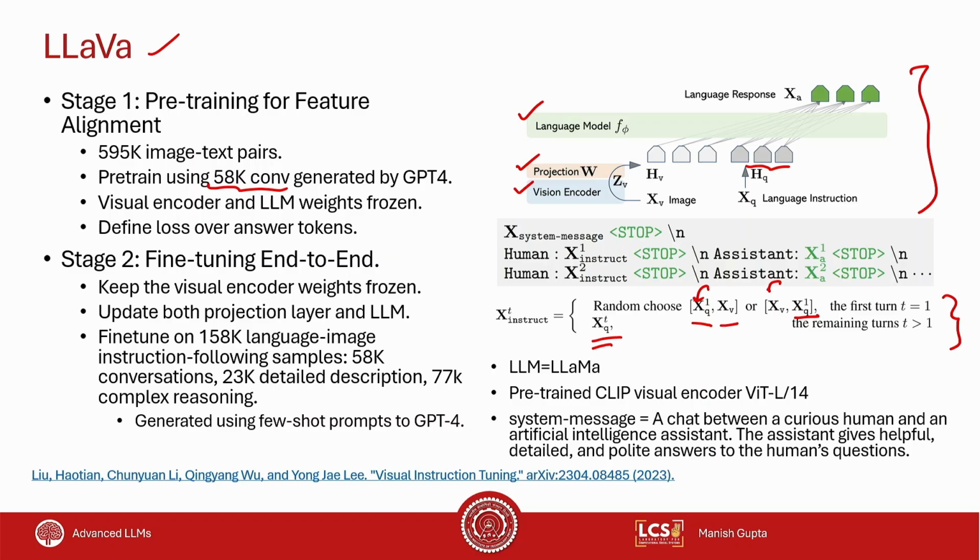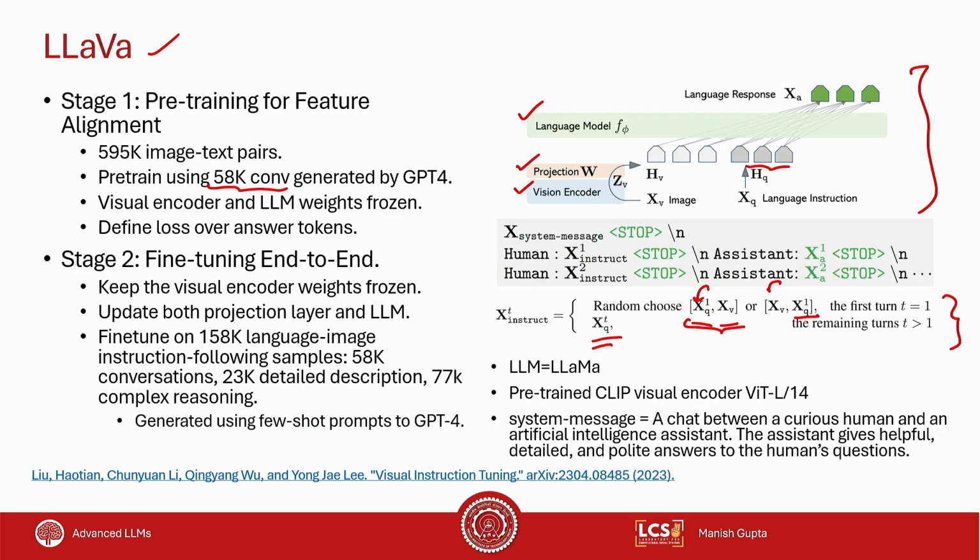For the remaining turns, you just have the query, because they work only with conversations which have one image. Whether you keep the query first or the image first has implications for KV caching.